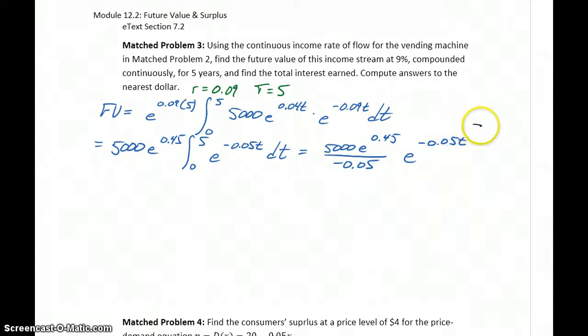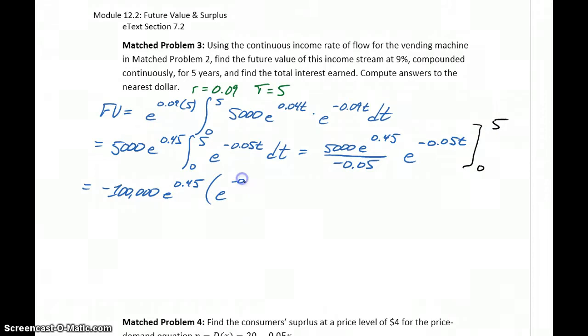And that we'll want to evaluate from t equals 0 to 5. So 5,000 divided by negative 0.05, that'll give us negative 100,000 e to the 0.45. And then times, we'll evaluate this expression at both t equals 5 and t equals 0.